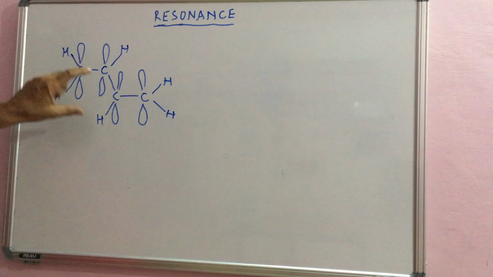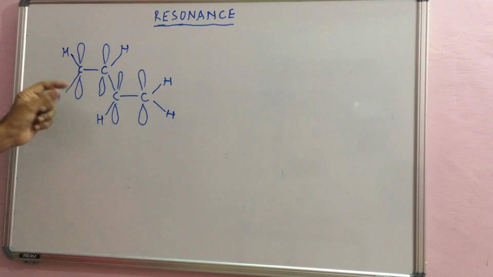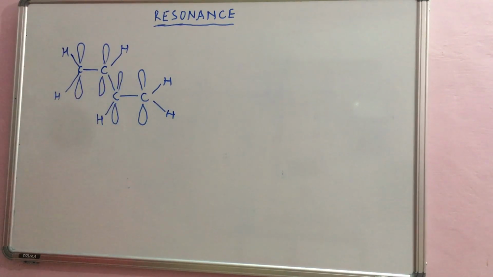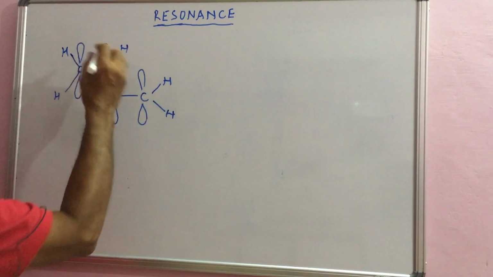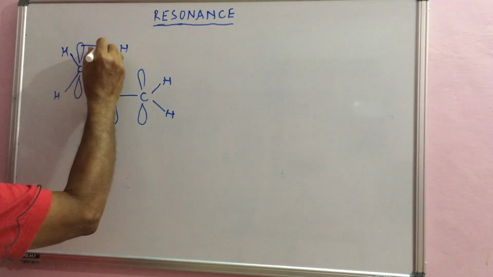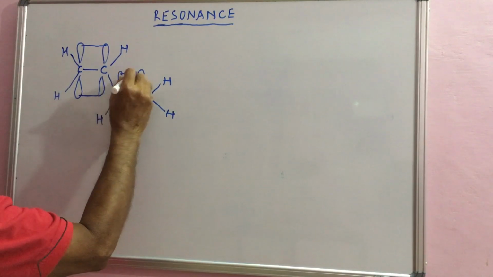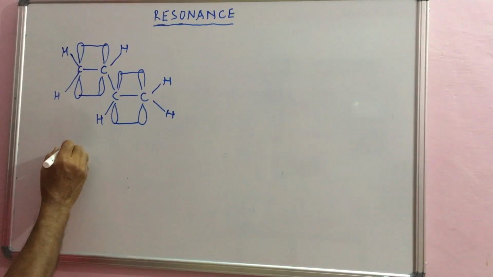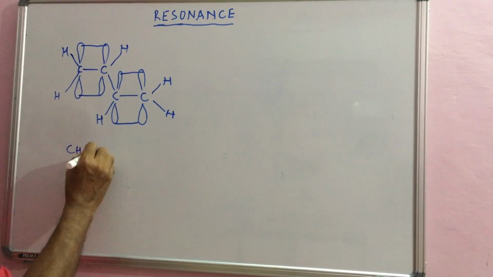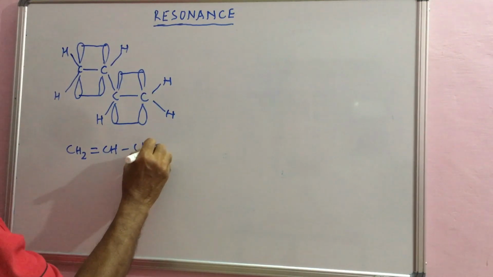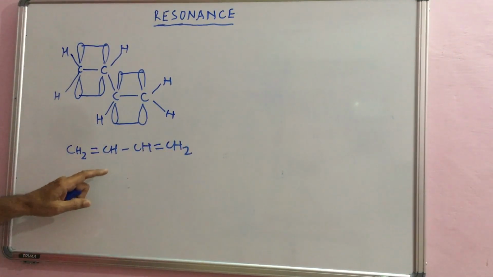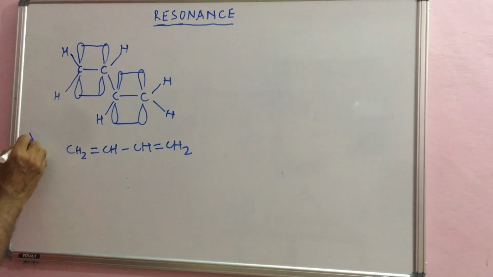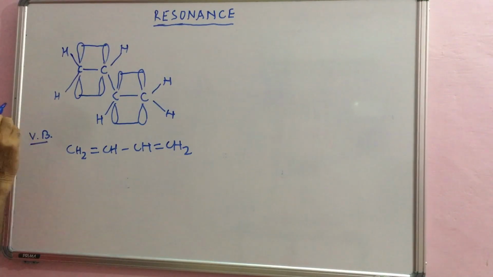Now, an overlap of p orbitals will take place because they are parallel to each other, and one possibility is that these 2p and these 2p overlap, which can be represented by this valence bond structure. This is molecular orbital picture, this is valence bond structure.